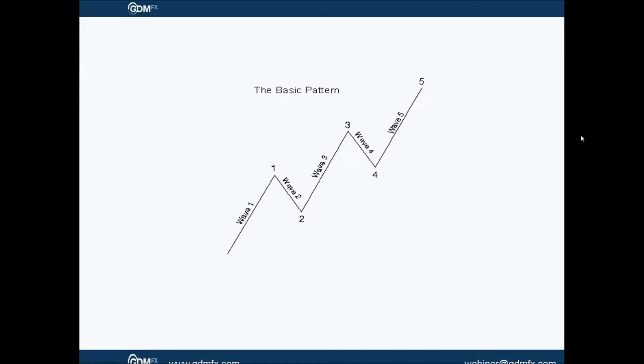Now, in markets, progress ultimately takes the form of five waves of a specific structure. Three of these waves, which are, as you can see here, labeled as 1, 3, and 5, actually effect the directional movement.